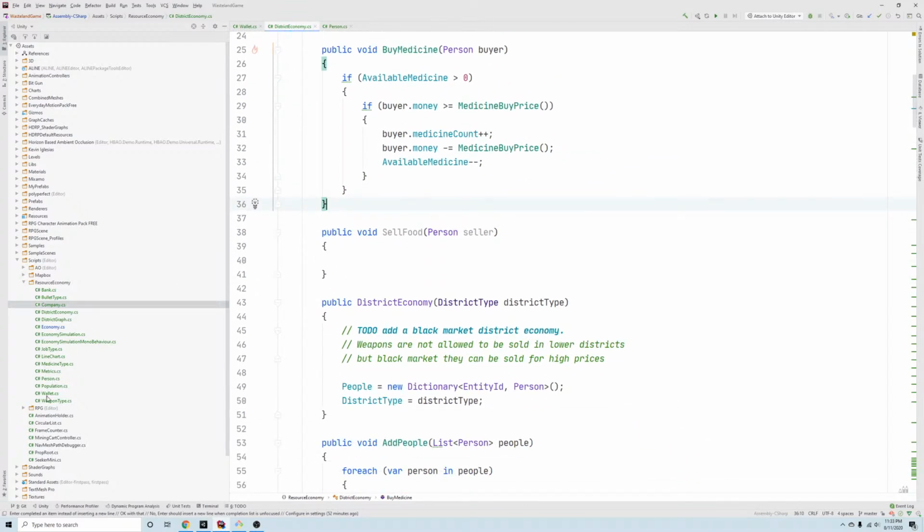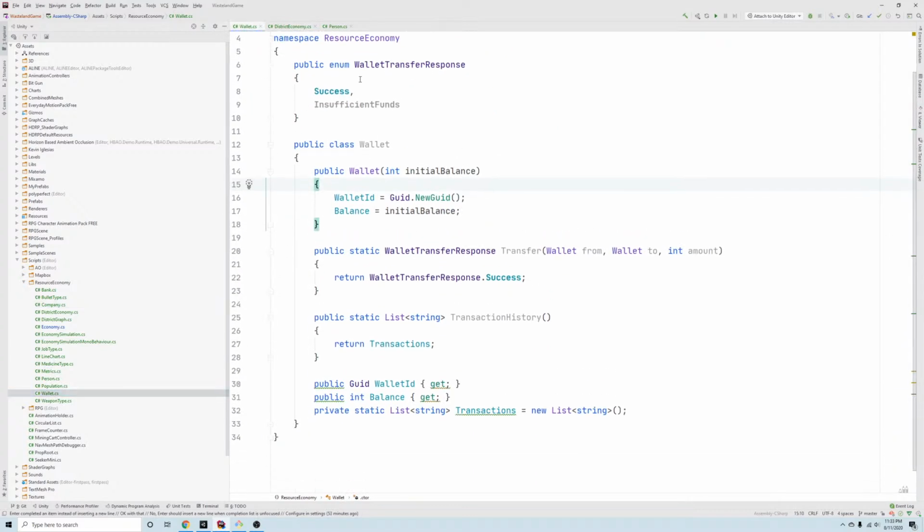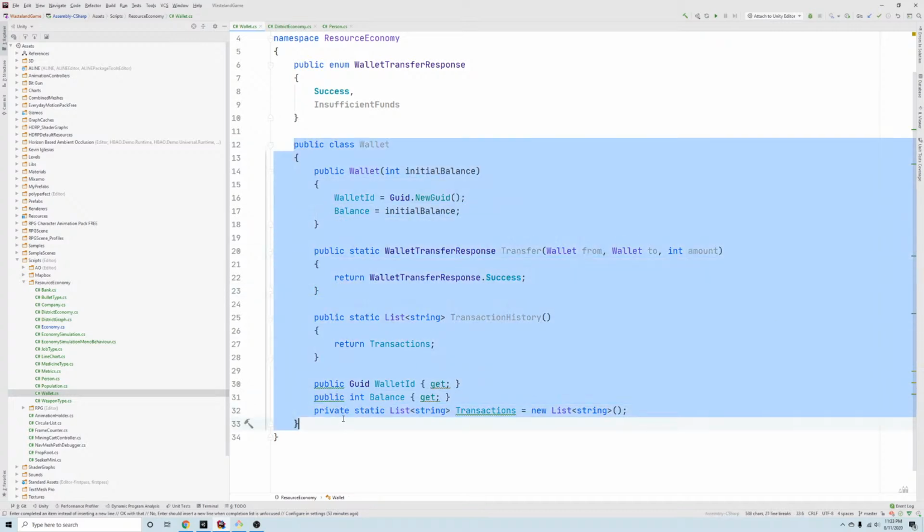So my current idea is to have a wallet class, a class that just handles storing money and requires a transaction. Basically all money will go through this class.